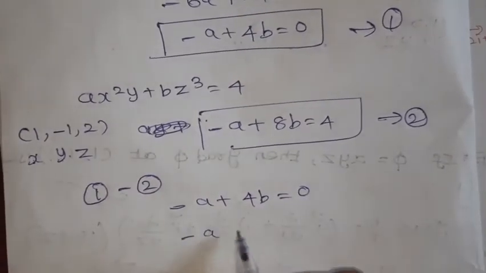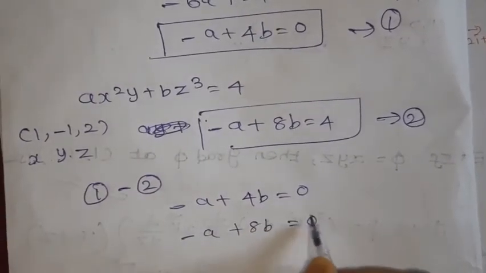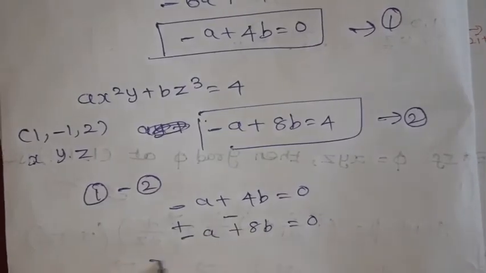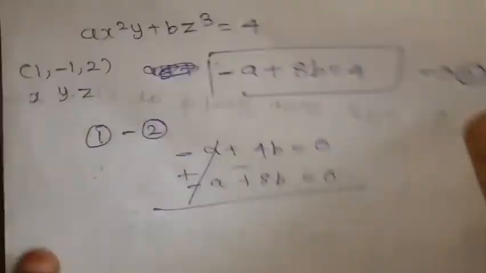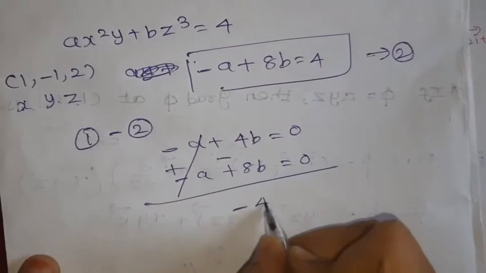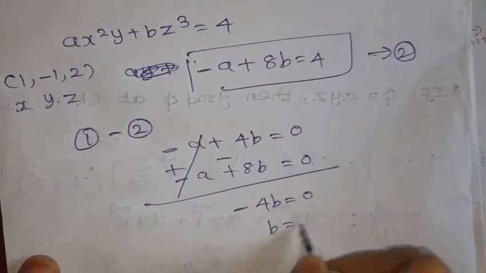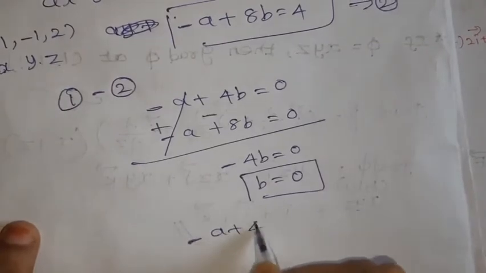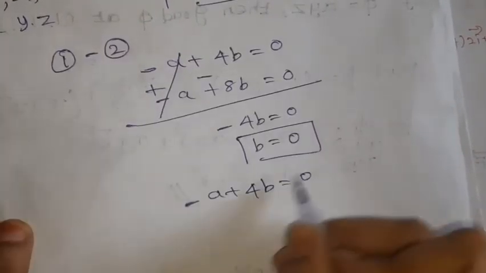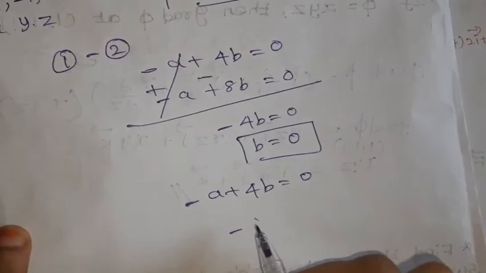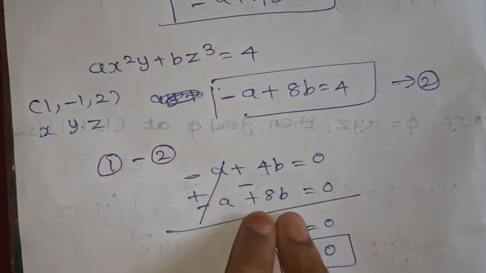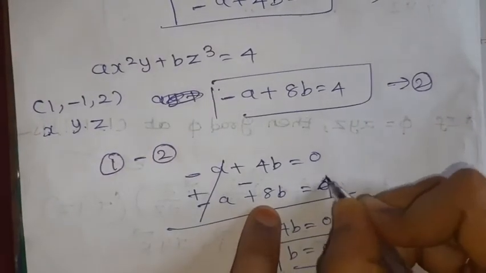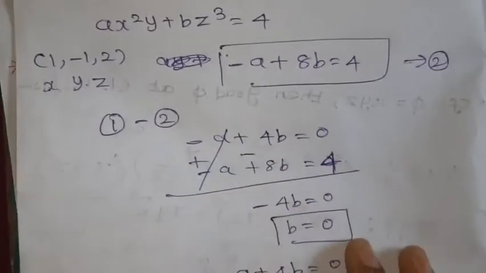This is the basic plus-minus method. This and this cancel, so minus 4b equal to 0, obviously b equal to 0.